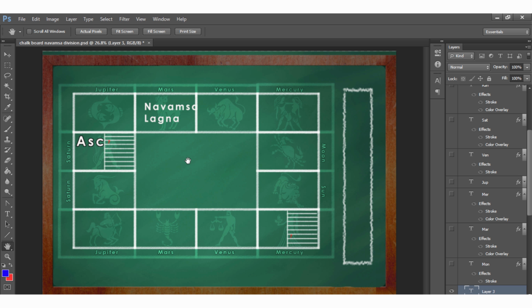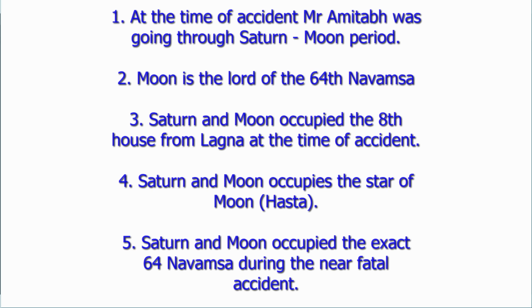So we have now come to the end of this video, and in this video we have understood the 64th Navamsa, how to calculate it and what is it, and then after fixing what exactly is the 64th Navamsa, we made use of it by finding out the Karesh, which is the moon, and next we used the knowledge of the Dasha and Antardasha and found out what are the planets involved.